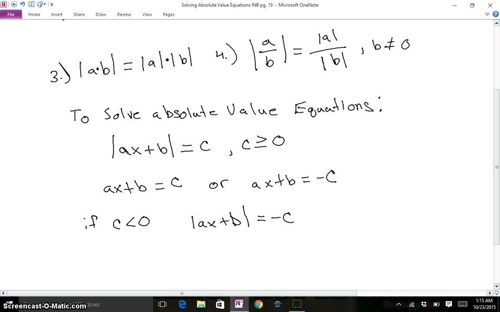Notice that's what the absolute value bar is in there, because since absolute value is always positive, there's no way it can equal a negative. So automatically, if you see an absolute value equation equal a negative number, no solution. So those are the two cases here. Now on to some examples.